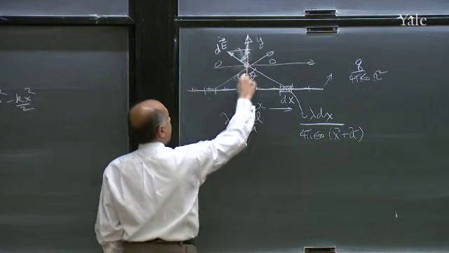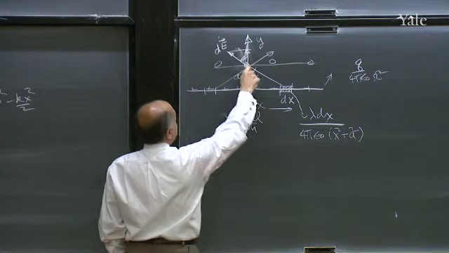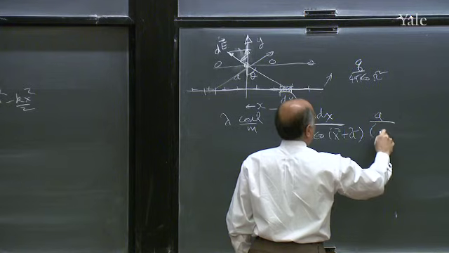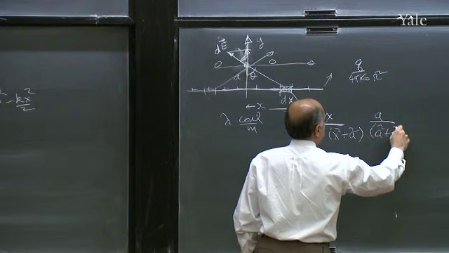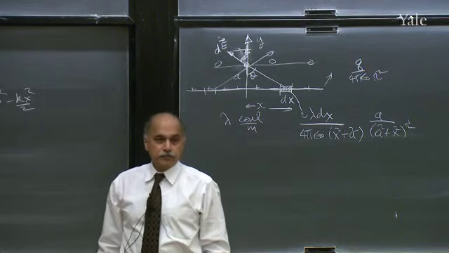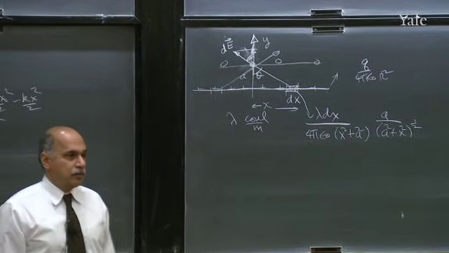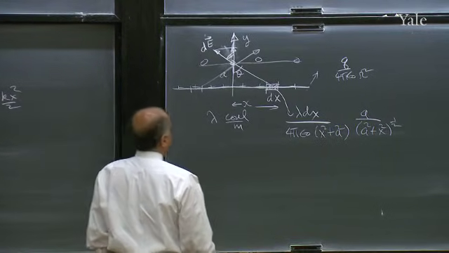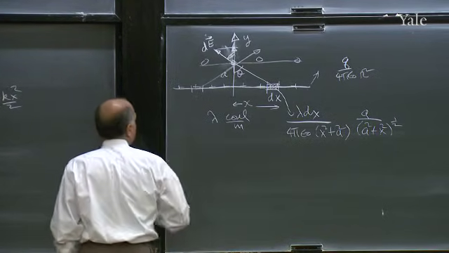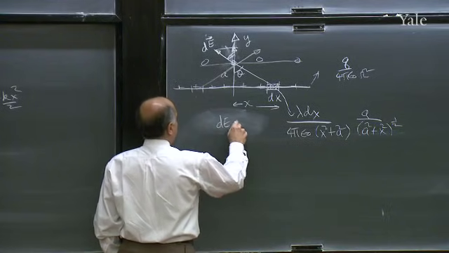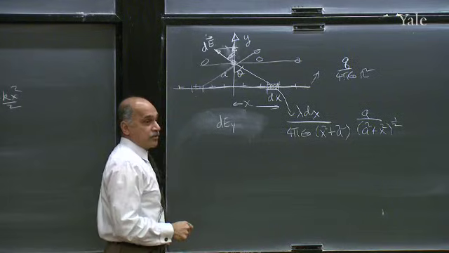But that angle and that angle are equal, and cosine theta for this triangle, you can see, is a divided by the square root of a squared plus x squared. So this is the electric field in the y direction. I'm going to call it dE in the y direction due to the segment dx.